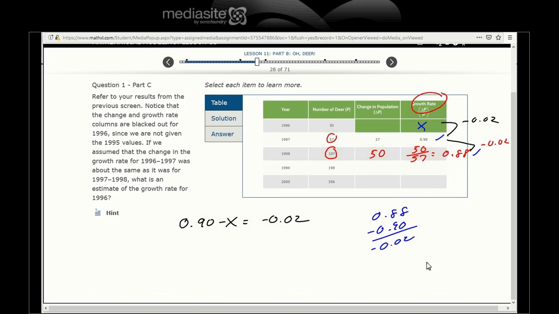Okay. If the change of growth rate was about the same from 97-98 as in 96-97, it looks like with this algebra, minus x would be minus 0.92, or x is 0.92.